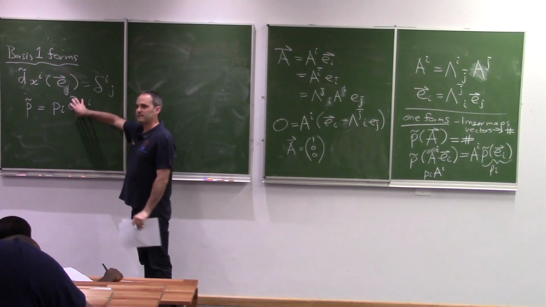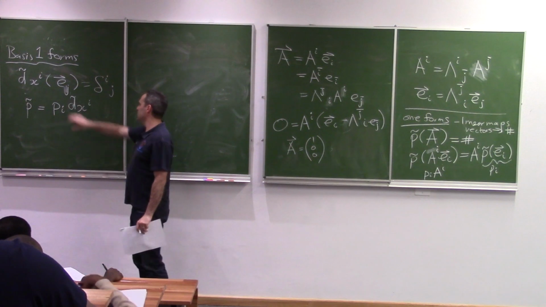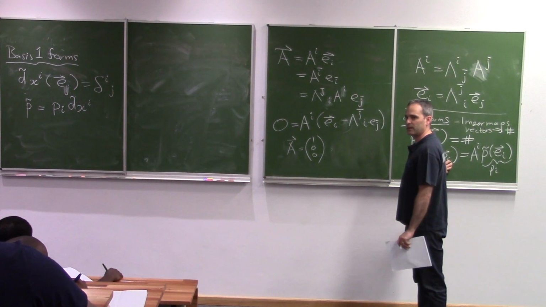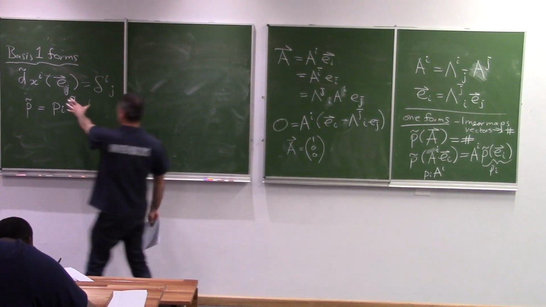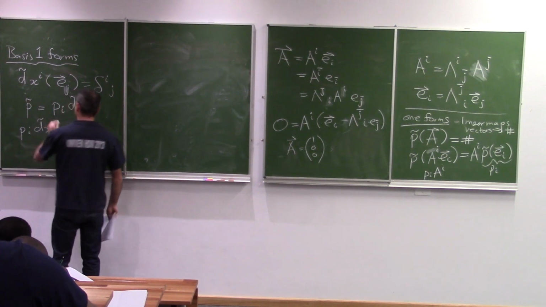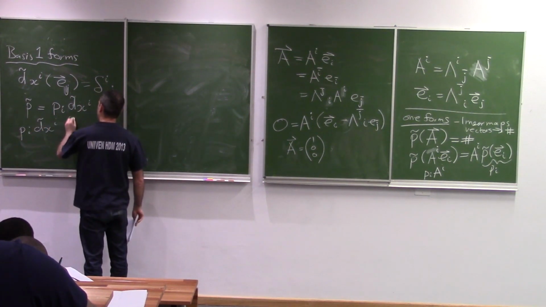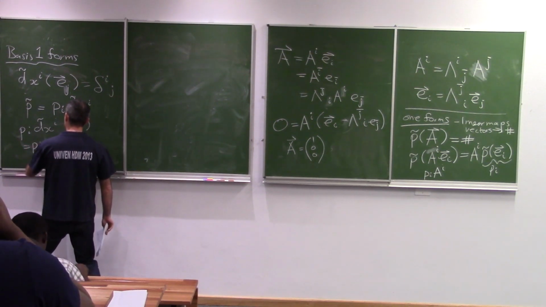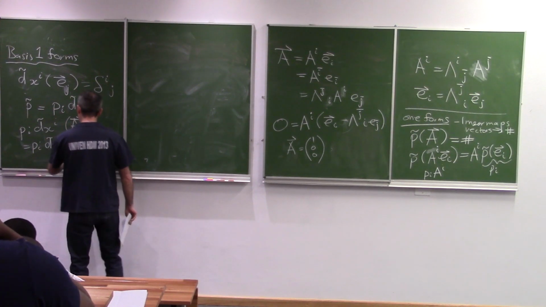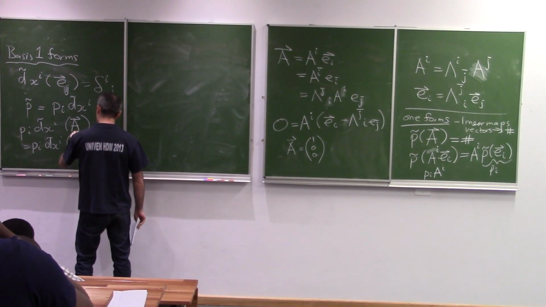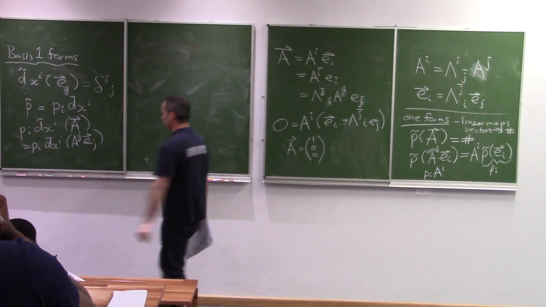Do you want me to show you now that this gives me the same expression as that? Or is everybody happy? Shall I just prove that quickly for you? Who wants me to prove it? Okay. So, this object, p_i dx^i, acting on the vector A, is going to be equal to p_i dx^i acting on a^j e_j. Sorry, let me use a different summation index.